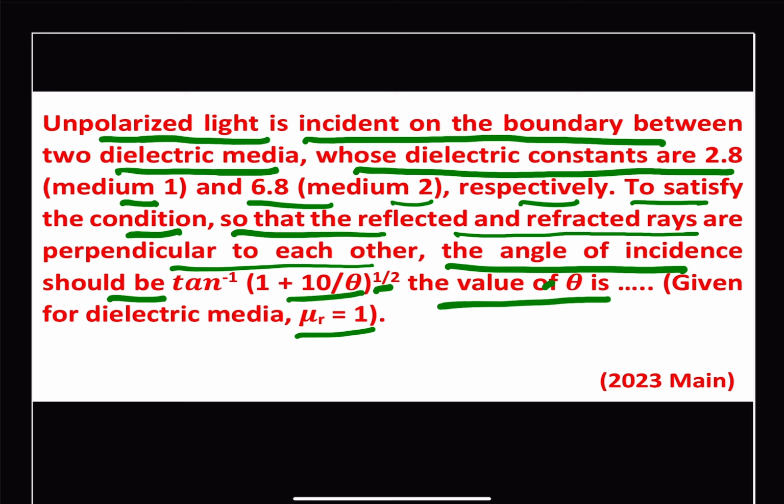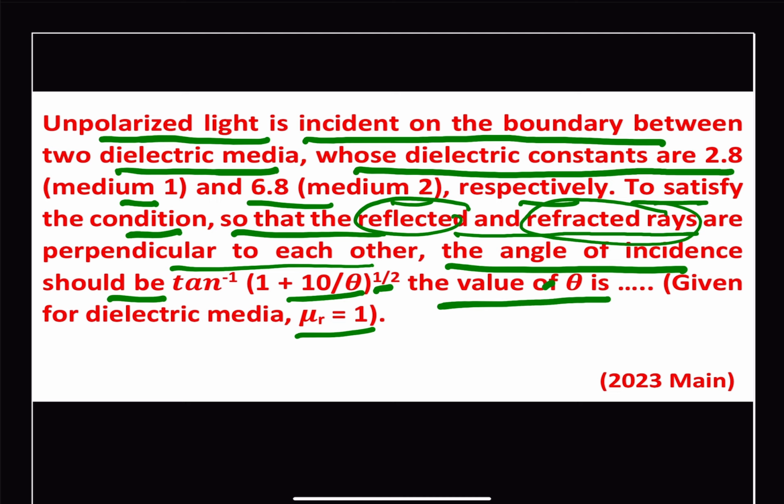Okay. And here we are given that both reflected ray as well as refracted ray should be perpendicular to each other. Okay. So in this case, we are going to make use of the Brewster's law. Okay.